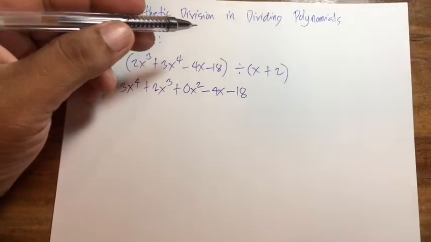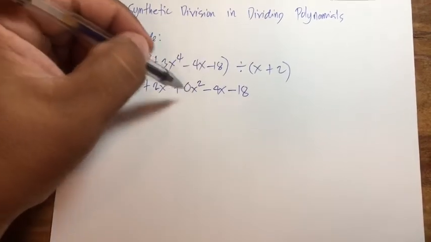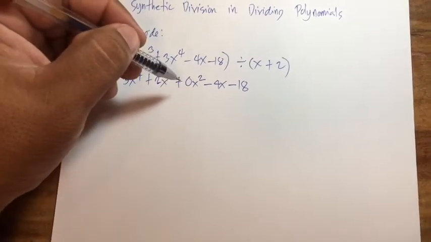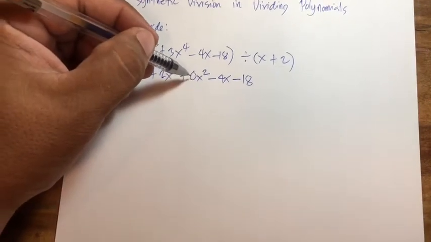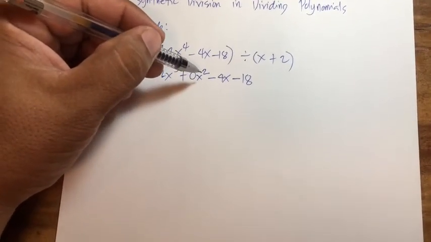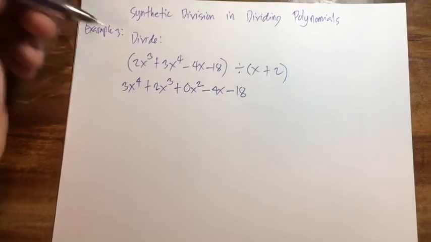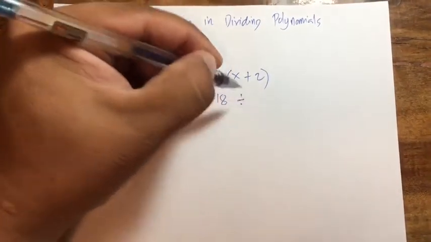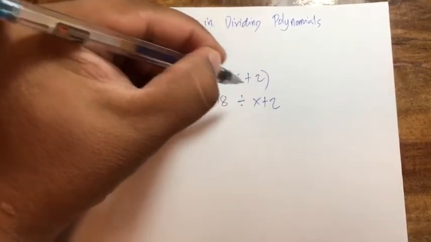So we count our terms: 1, 2, 3, 4, 5. In the original, 1, 2, 3, 4. Yes, of course, because we added 0x squared. Then this is already our dividend, divided by x plus 2.